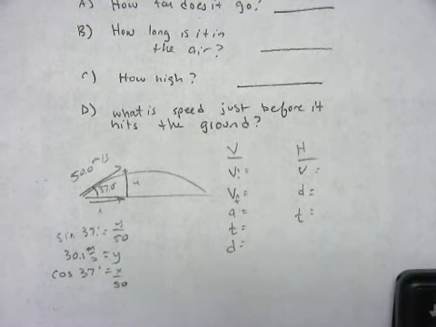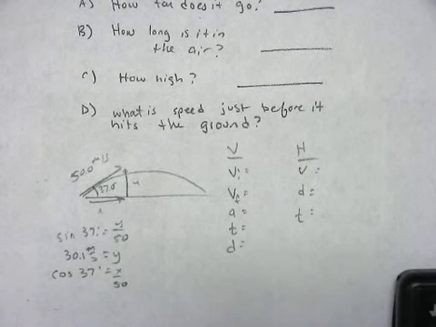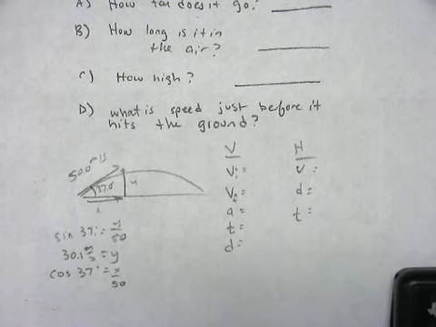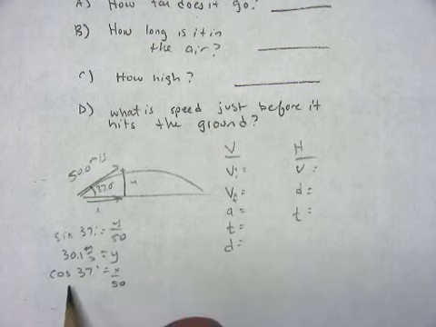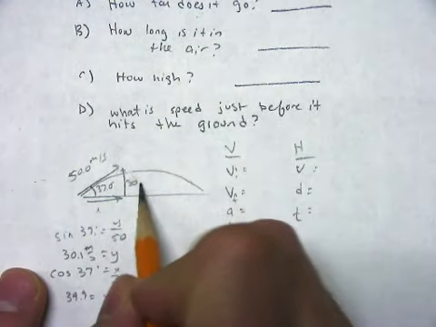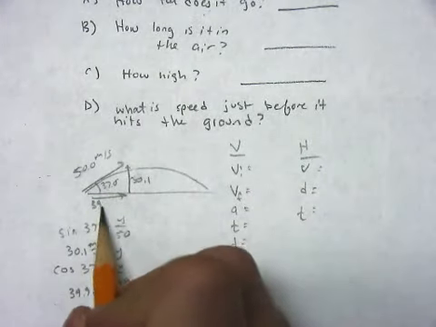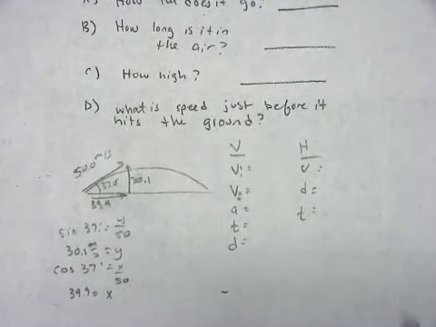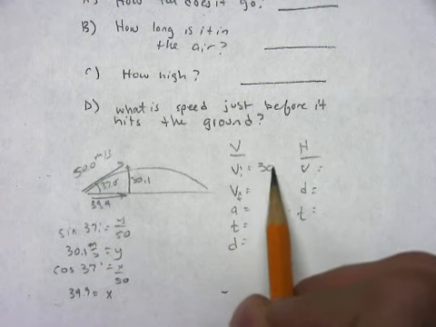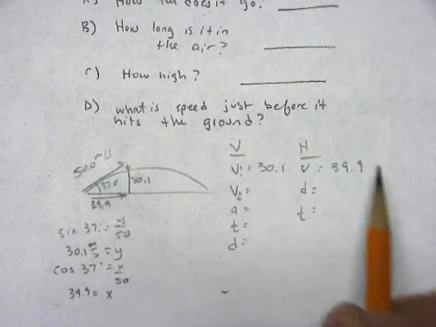So I take 50 cosine 37, and I get 39.9. So my vertical velocity is 30.1 and my horizontal velocity is 39.9.